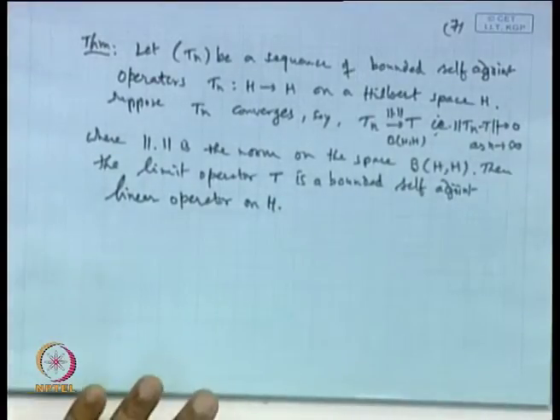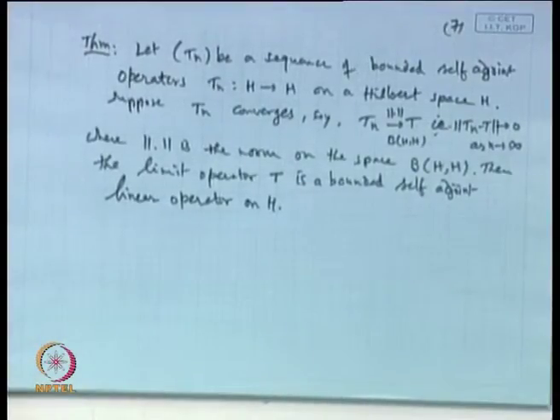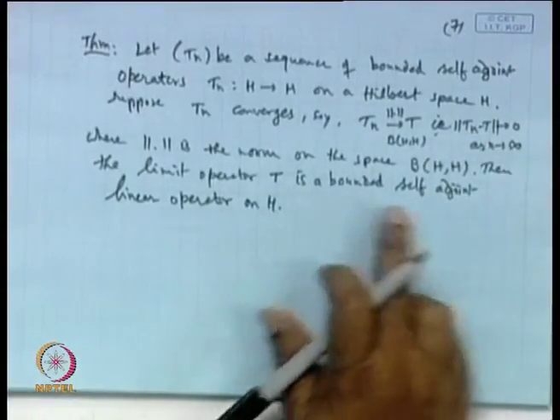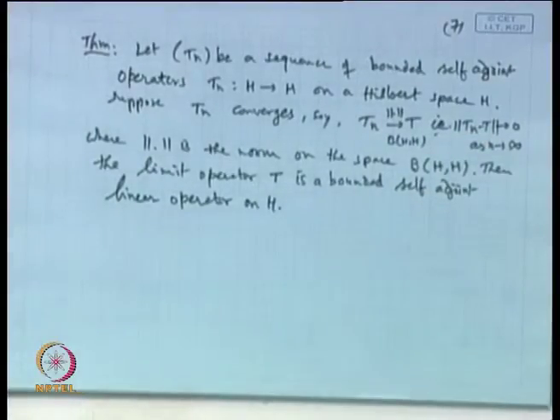So, what is given is that Tn is a sequence of bounded linear operators on H, where H is a Hilbert space, and Tn converges to T under the norm of B(H). Then T will be a bounded self-adjoint linear operator on H.